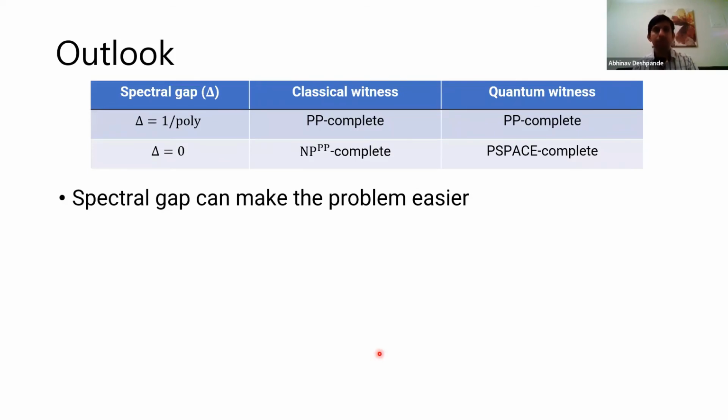Okay, so to conclude, here's a summary of what we know about the local Hamiltonian problem when considering inverse exponential additive error. In the case where the spectral gap was only known to be larger than or equal to 0, or in other words, when there was only a vacuous promise on the spectral gap, the problem is PSPACE complete when you have a quantum witness, and NP to the PP complete when you have a classical witness.